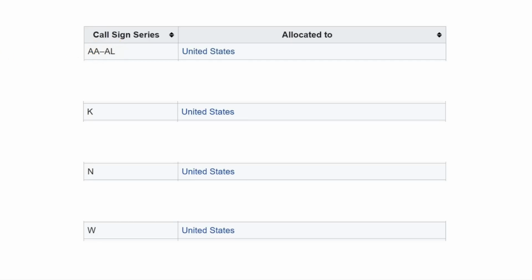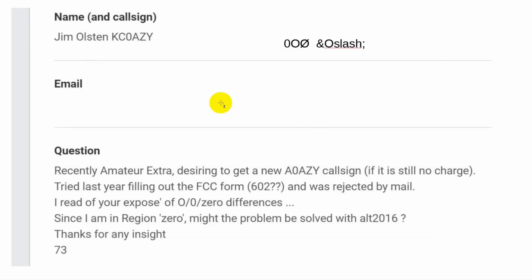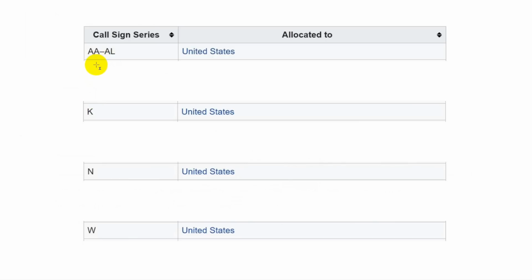So if we go back to your original query, you've got KC0AZY, and you want to keep the AZY part of it and have an A prefix. You can have AA0 if you want, and then the suffix AZY.